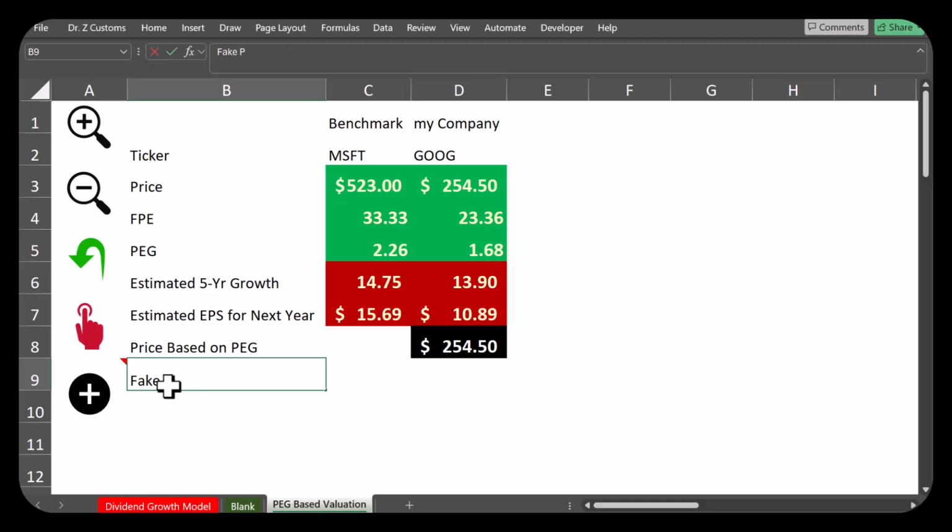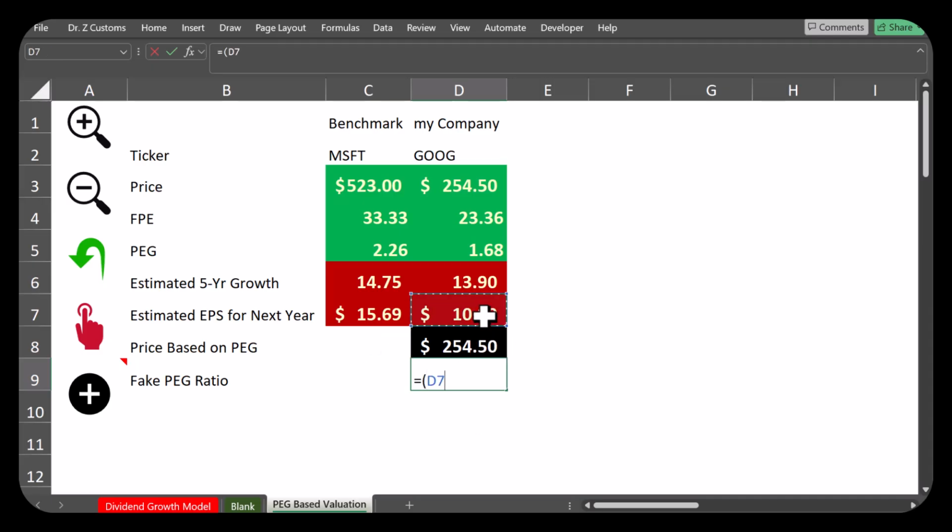I'm going to call this fake PEG ratio. This is the PEG ratio that's calculated using that price based on PEG. Well, it's the ratio of FPE divided by expected growth, right?